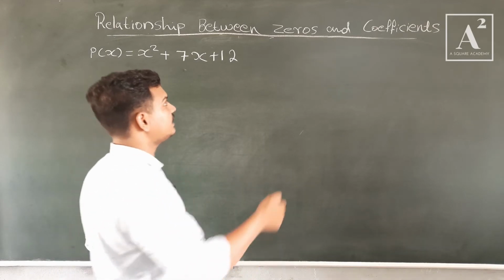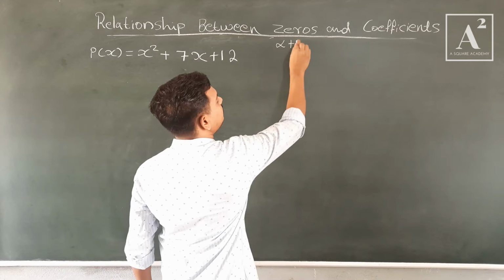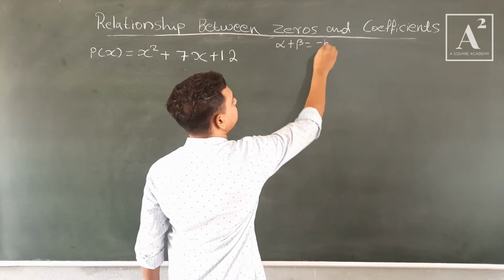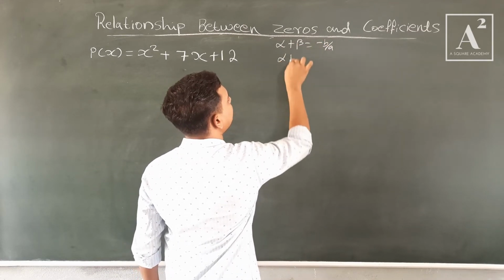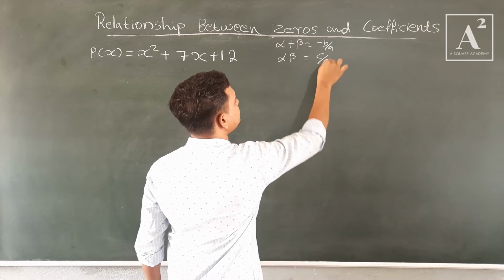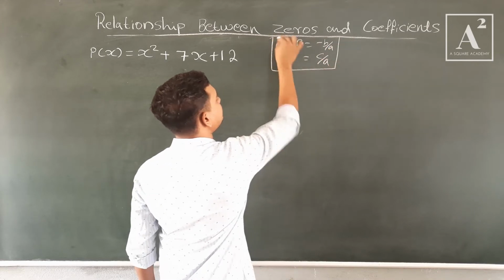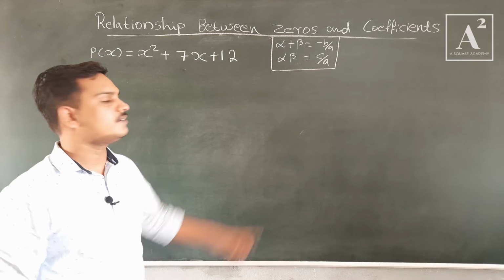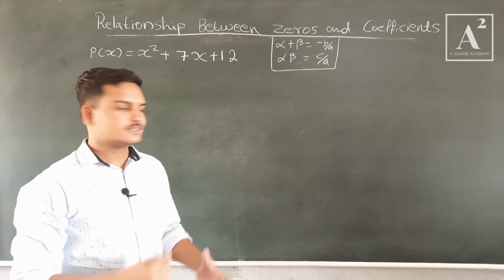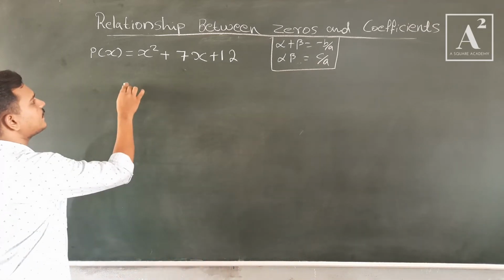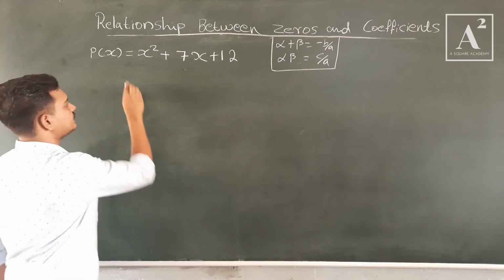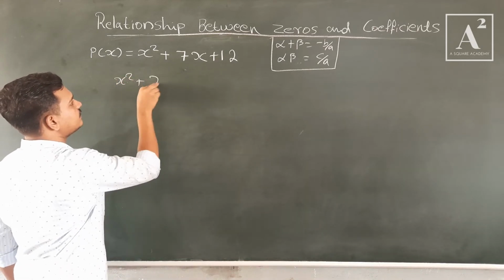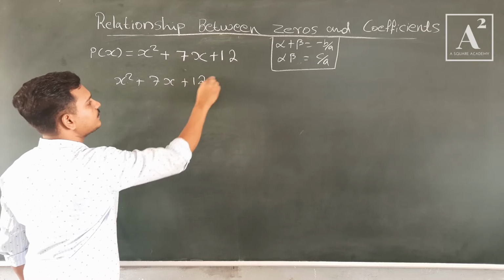We already know that alpha plus beta is equal to minus b by a, and alpha beta is equal to c by a. Is this correct or not? That we must verify. For that, let's find the zeros first. x square plus 7x plus 12 is equal to 0.